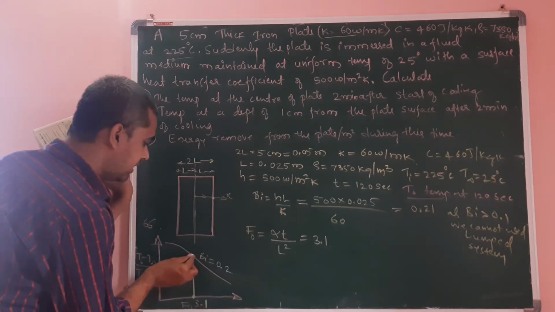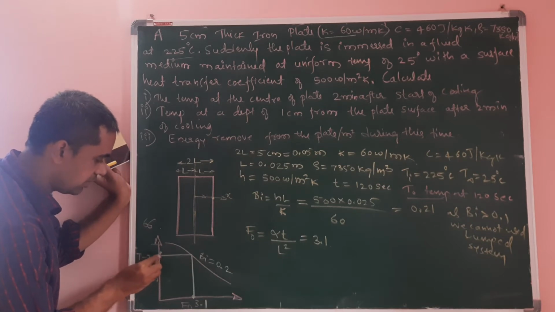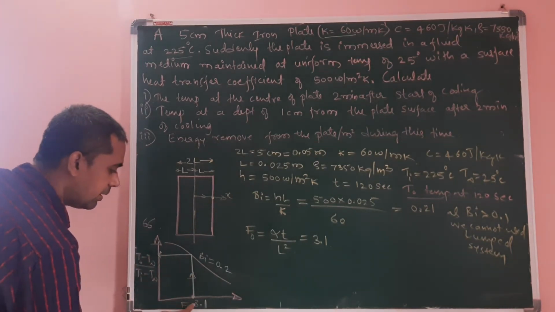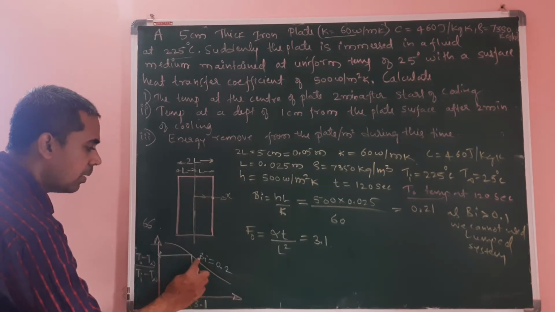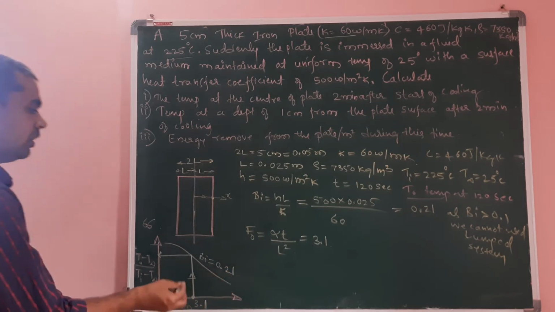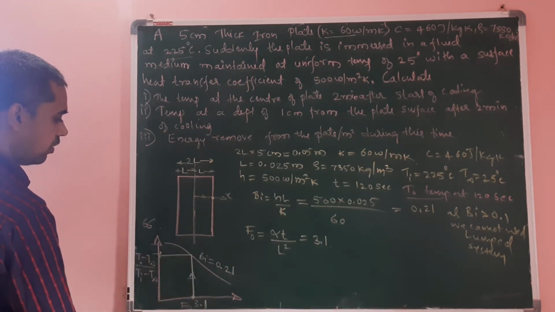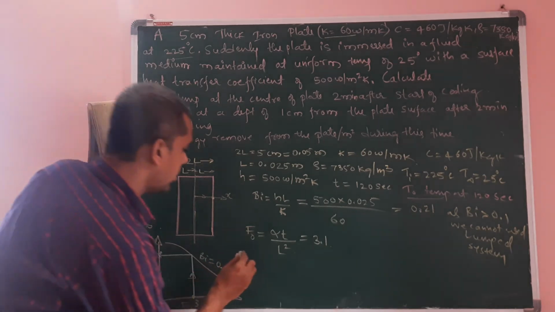You draw one vertical line from the 3.1 Fourier number till it intersects the Biot number 0.21 line. Further, from that point, if you draw one horizontal line, it intercepts the vertical axis. That will give you (T minus T infinity) divided by (T naught minus T infinity).